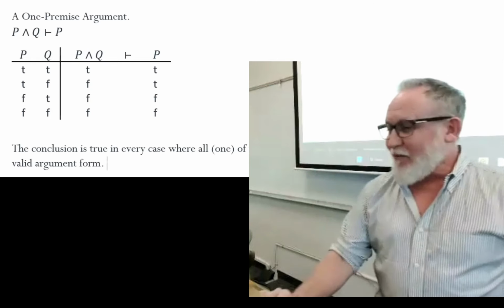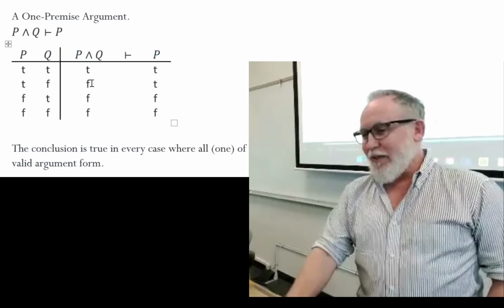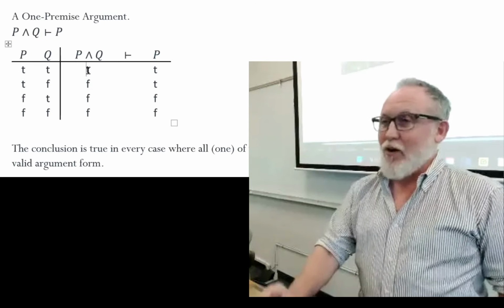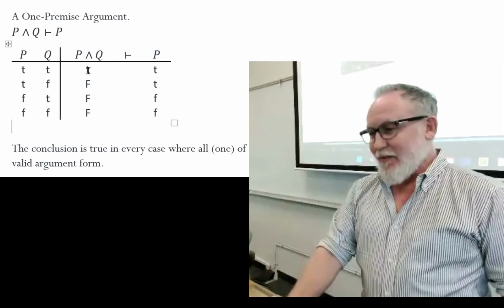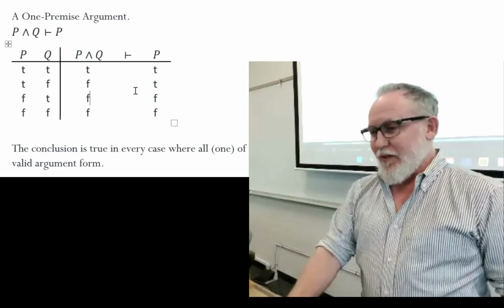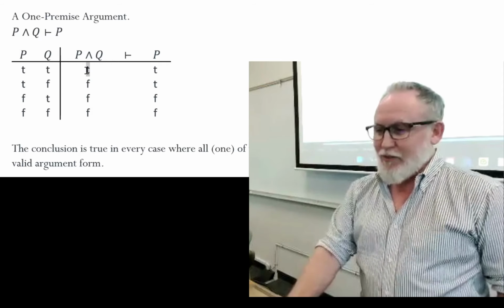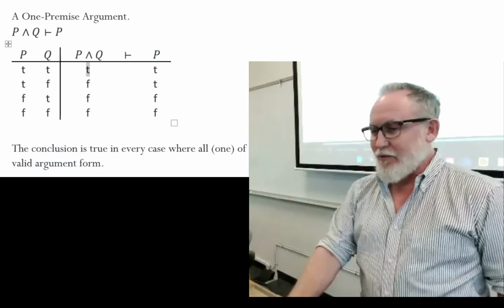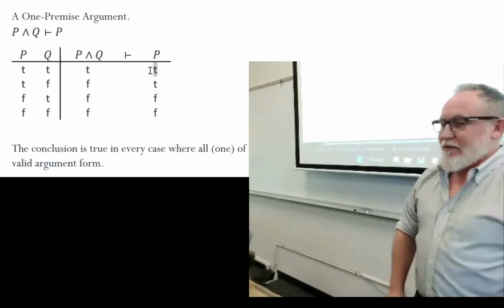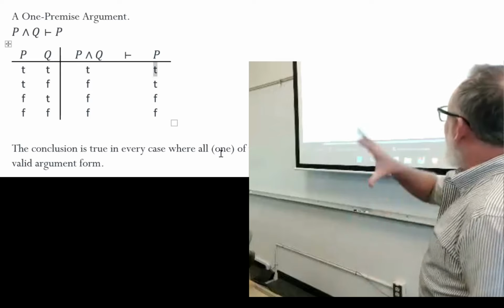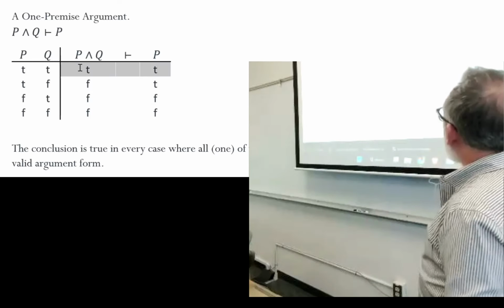And if we put it in a truth table, we see, in every case where all the premises, all one premise, is true, the conclusion is true. There's only one case in which all the premises are true, and so it's a valid form, according to the truth table sort of way of looking at it.